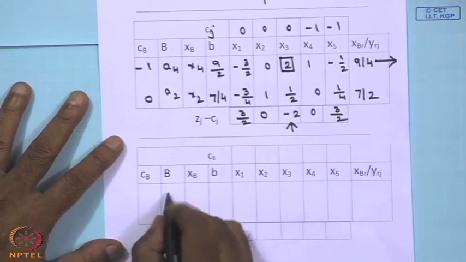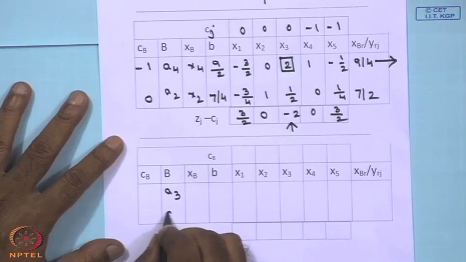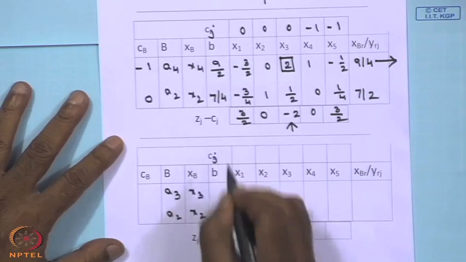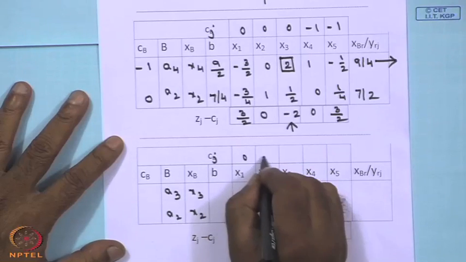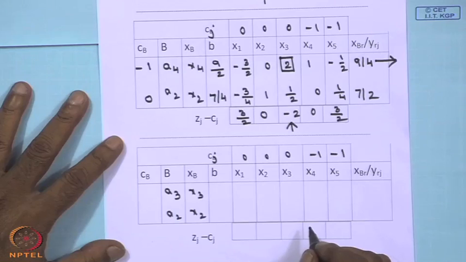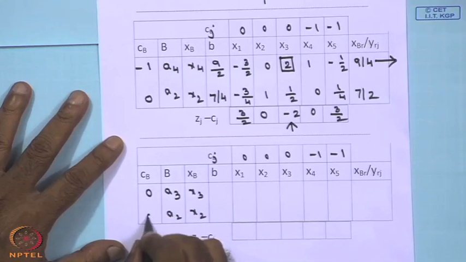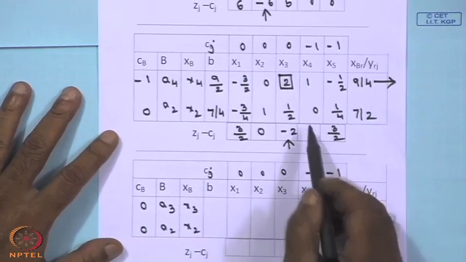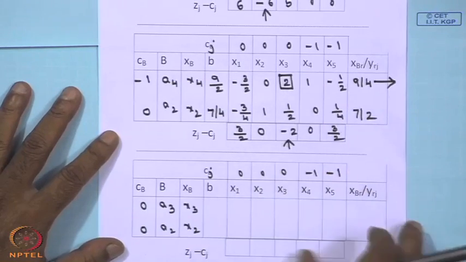So, in the next table instead of a4 your a3 will come and a2 is already there. So, x3 and x2, your Cj is here 0 0 0 minus 1 and minus 1. Your Cb is then a3 and a2 is there, 0 and 0. So, again I have to make this as 1 and this as 0.